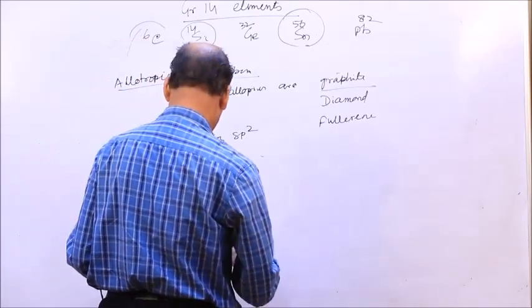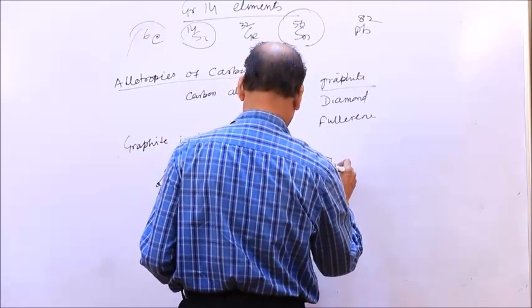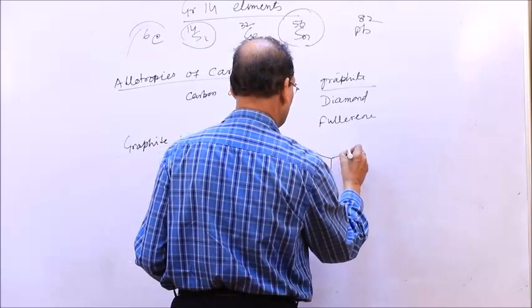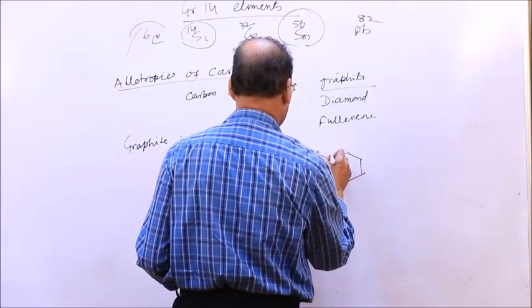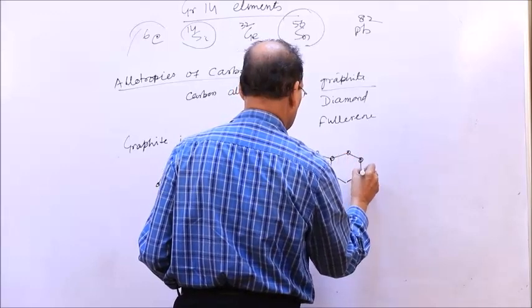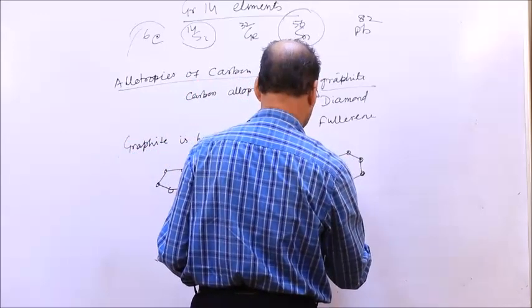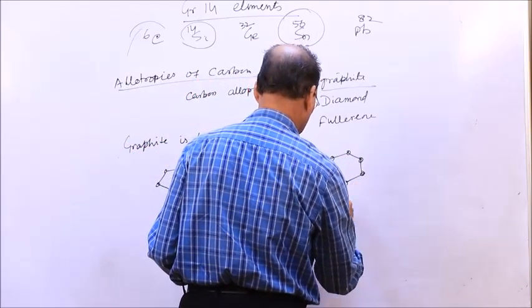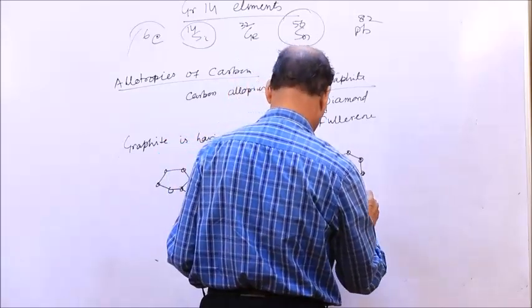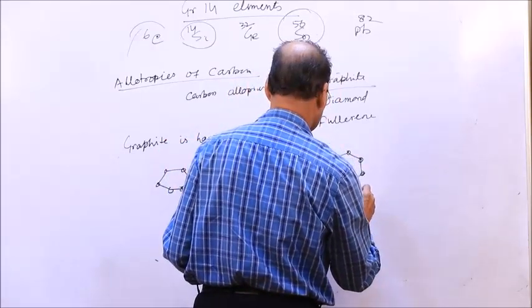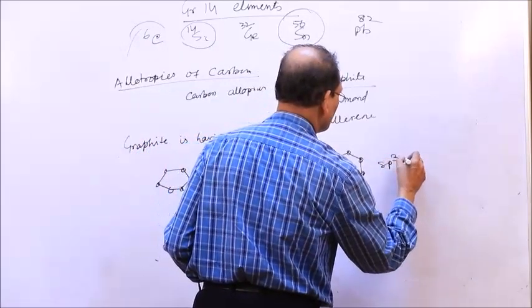whereas in the case of diamond the structure is like this. So it is of sp3 hybridization.